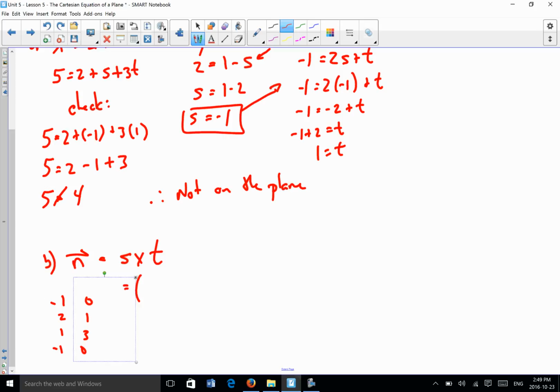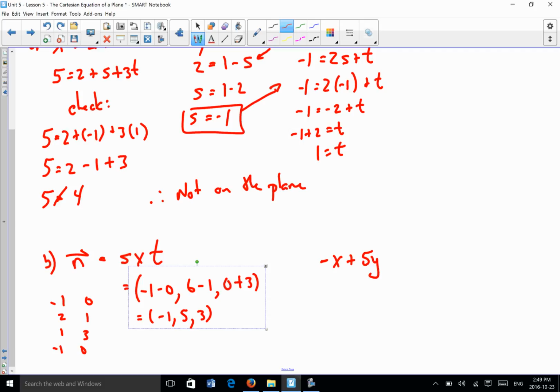And if we crisscross, we get negative 1 minus 0. We get 6 minus 1, and we get 0 minus negative 3, or 0 plus 3. So we get negative 1, 5, and 3. Okay, so Cartesian, negative x plus 5y plus 3z plus d equals 0.